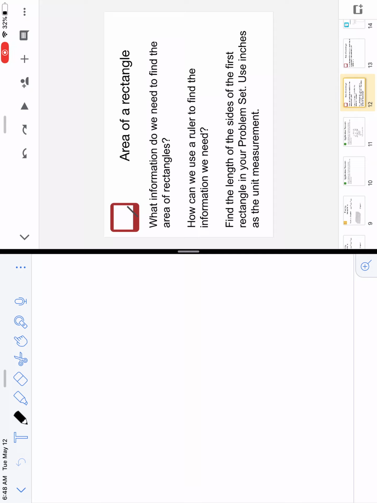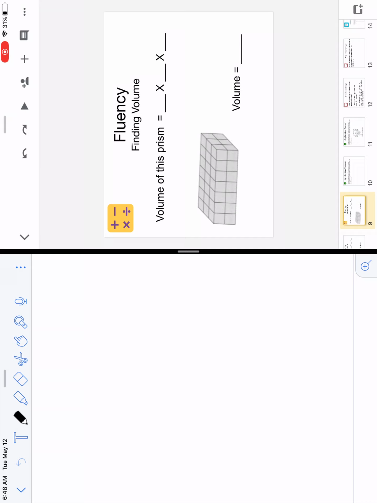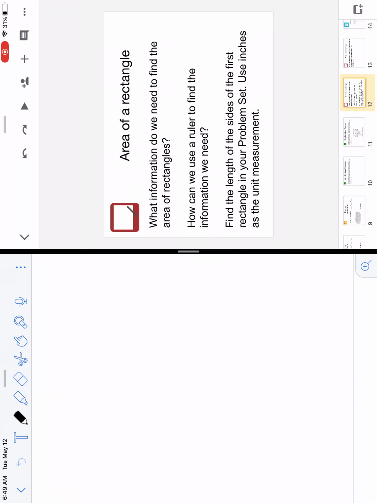We are measuring those side lengths, right? So we don't have units anymore like we just did here. You know how we had those cubic units? We don't have those anymore when we're just measuring a square or a rectangle. So we're just going to measure the side lengths. So what are the lengths of the sides of the first rectangle?